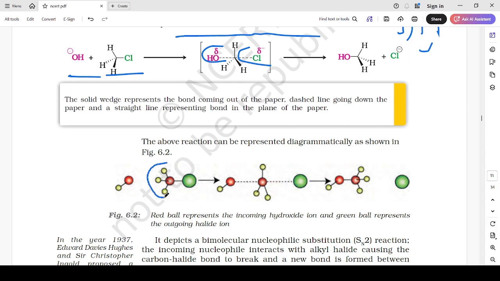Initially, they were all approaching right in the same direction of the hydroxide ion attack. But now you can see they are all taking different orientations in order to avoid the repulsion between them. You can see the bond is getting elongated here. That means it is getting weakened.